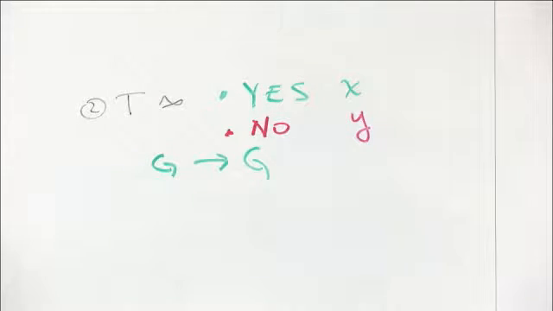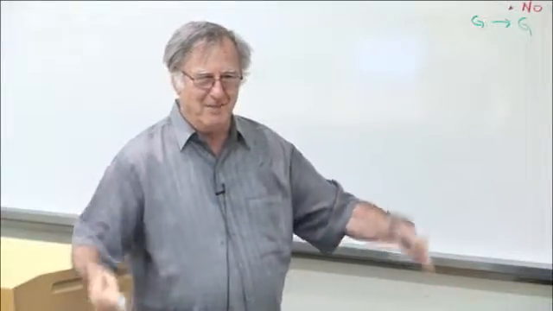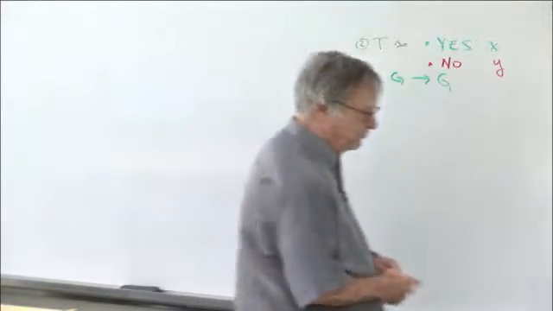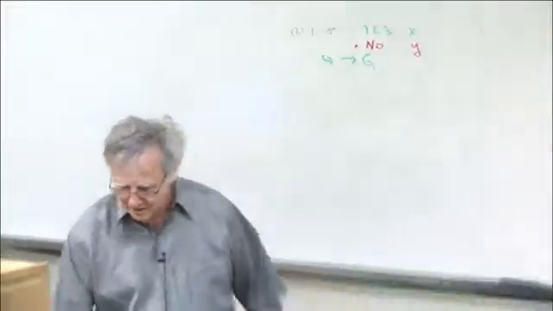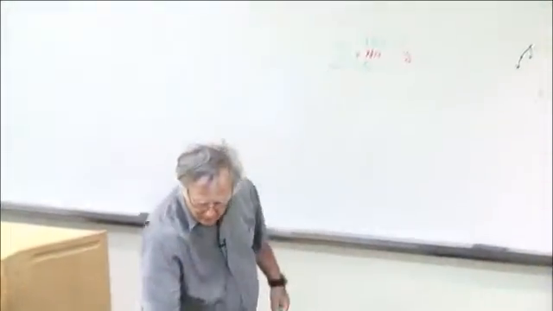But maybe the tree is infinite. Anyway, all you need is one child that's infinite, and then you're infinite. Okay, so this is good, and this is very classical.